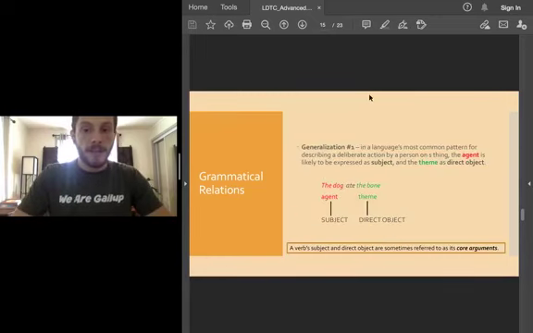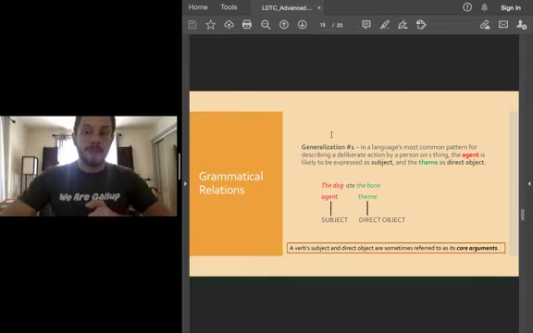The first generalization is that in a language's most common pattern for describing a deliberate action by a person or thing, the agent will most likely be expressed as the subject of that sentence, and the theme will most likely be expressed as the direct object. Again, this might seem pretty intuitive, but we'll see in a minute examples where this gets a little bit turned on its head.